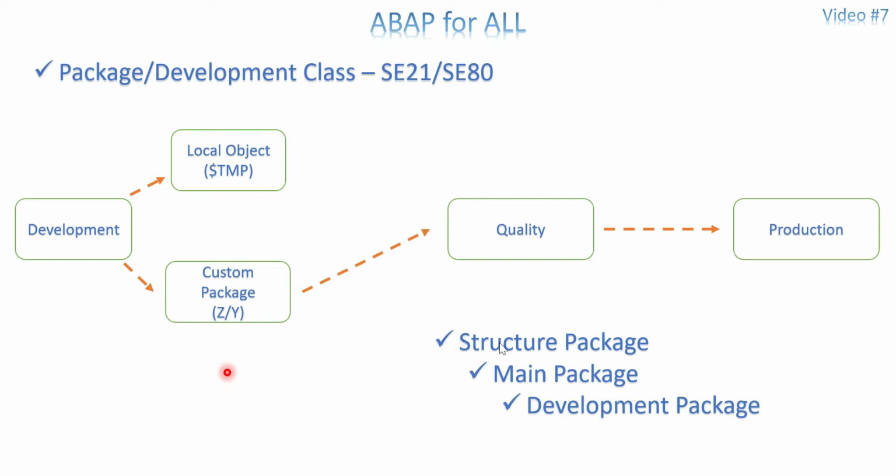So you move everything to quality except that particular domain, which is either in a local object or in a different transport. What happens once it goes to quality? It goes to dump, in the sense of a runtime error. Normally it should not happen. While importing your transport request to quality, you get a dump, meaning it ended with an error. So the movement of the transport request from development to quality is not successful. It ended with an error because the dependent object is missing.